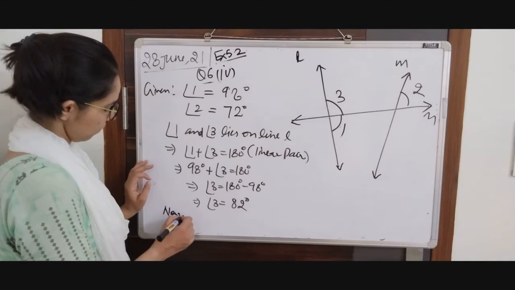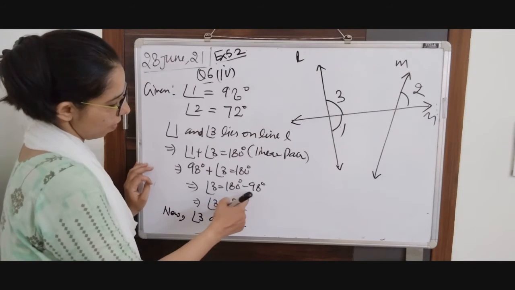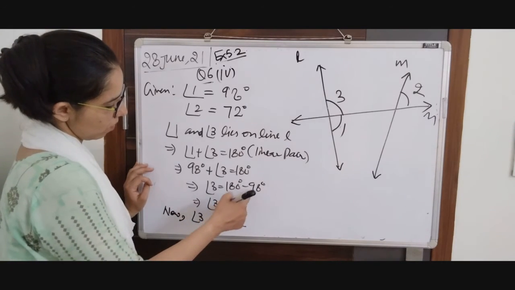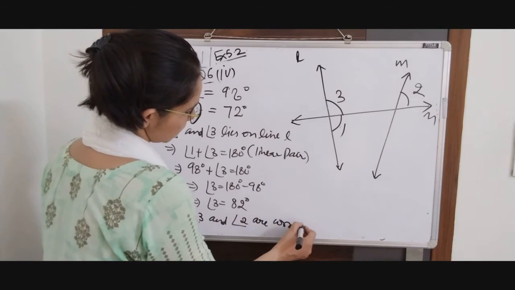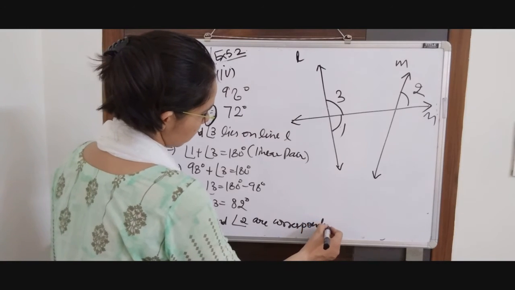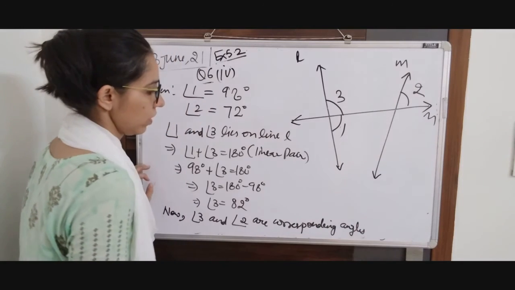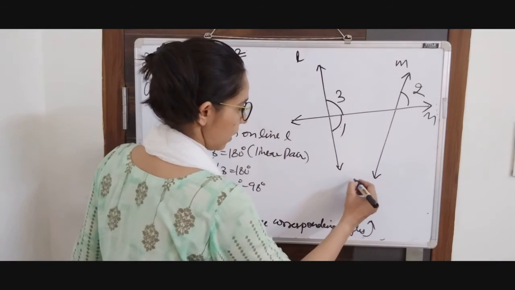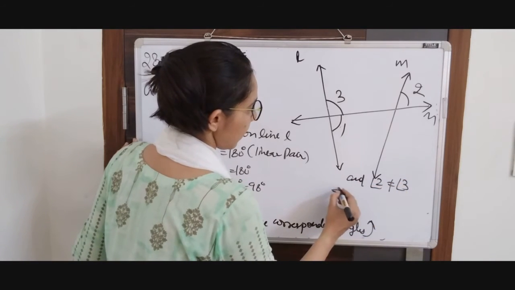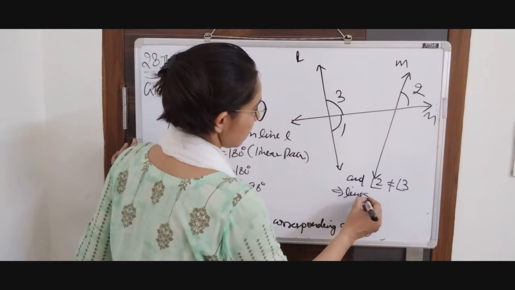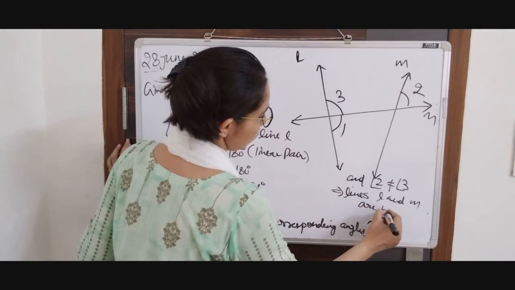Now angle 3 and angle 2 are corresponding angles, right? They are corresponding angles, I am writing here, and angle 2 is not equal to angle 3, implies lines L and M are not parallel.